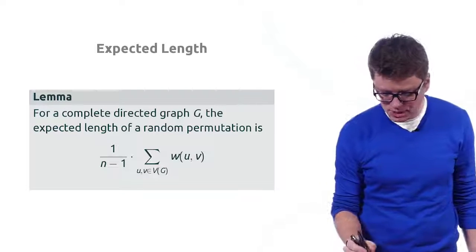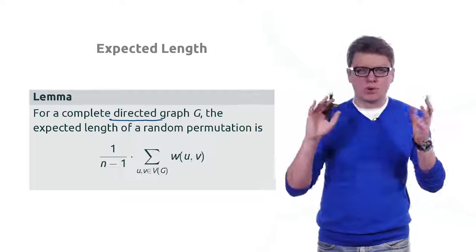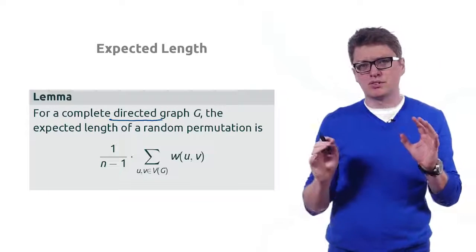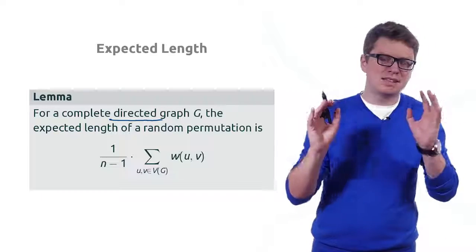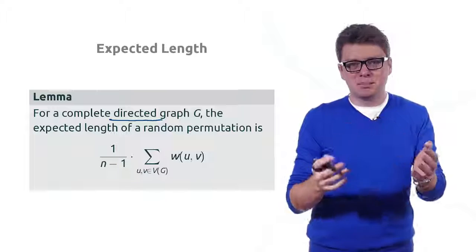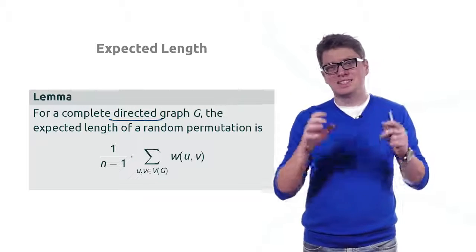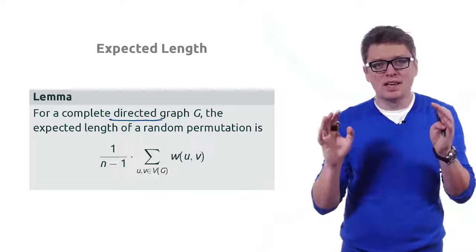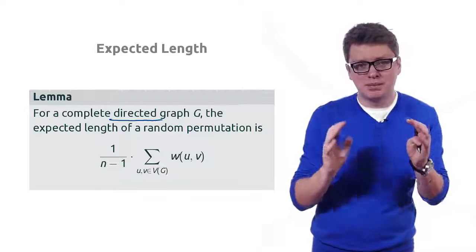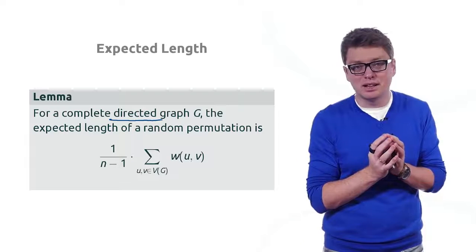And here I assume that we have a directed graph. Okay, so informally this can be proved as follows. In a cycle we have exactly n edges, and in a complete directed graph we have n times n-1 edges. And since everything is symmetric, each edge has probability 1 over n-1 to be included into a random cycle.